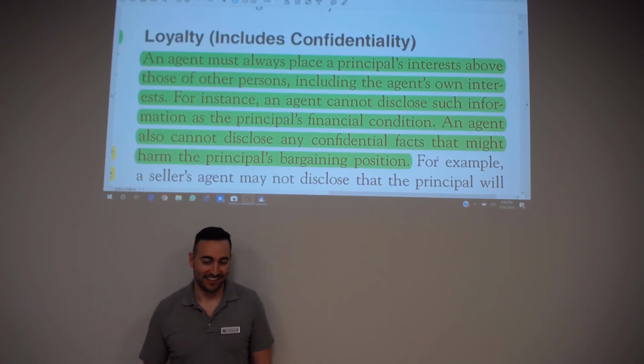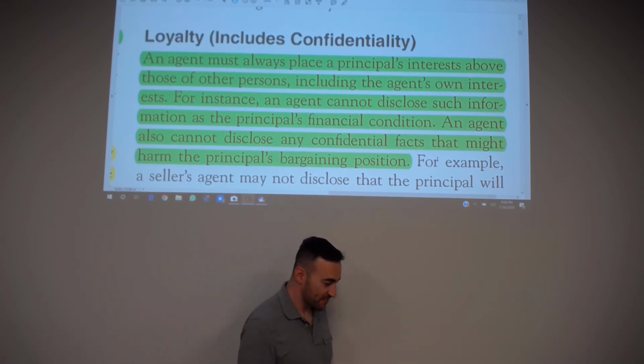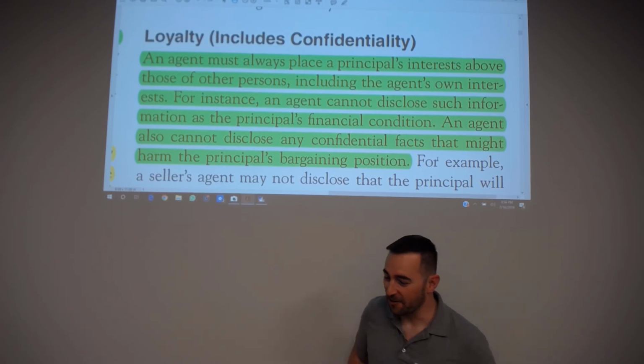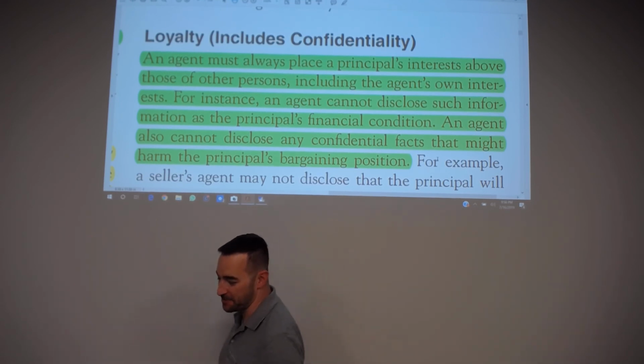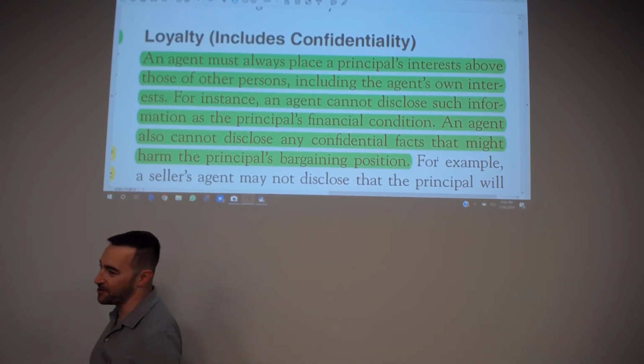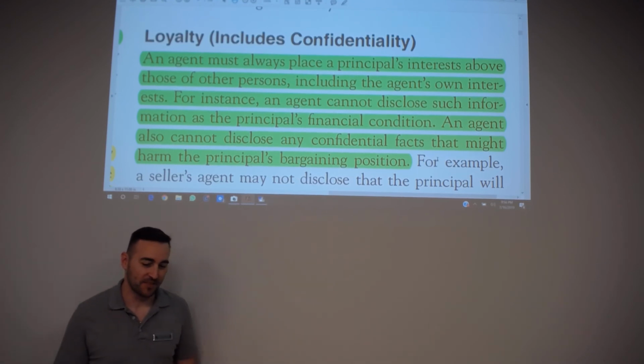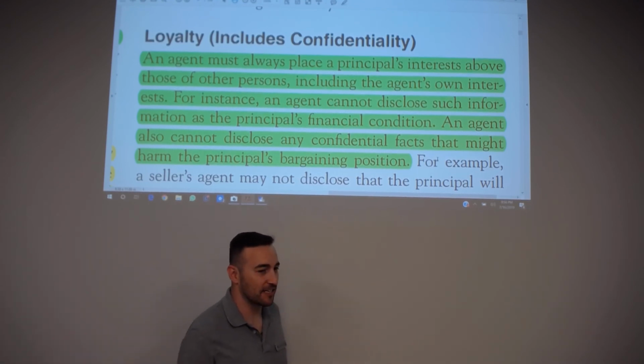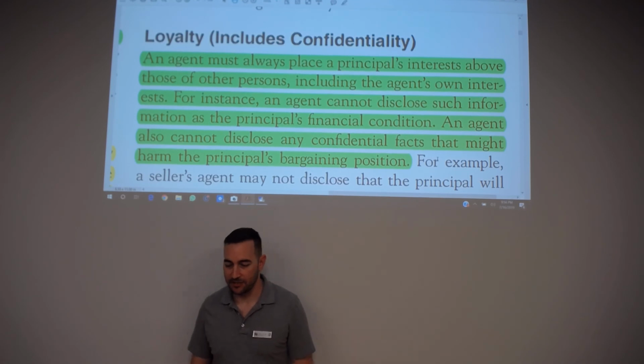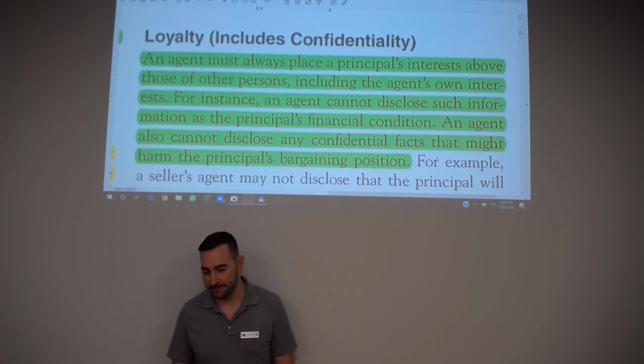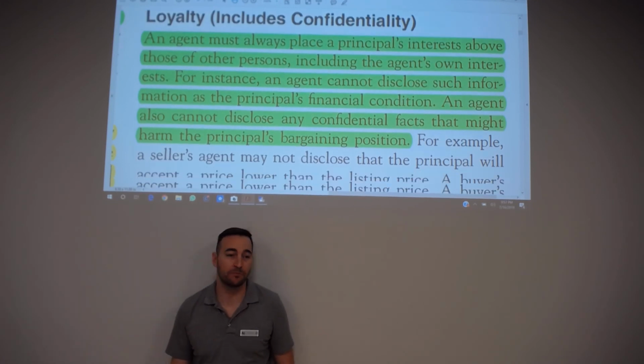Anyway, an agent must always place the principal's interests above those of other persons, including the agent's own interests. For instance, an agent cannot disclose such information as the principal's financial condition. An agent also cannot disclose any confidential facts that might harm the principal's bargaining position.